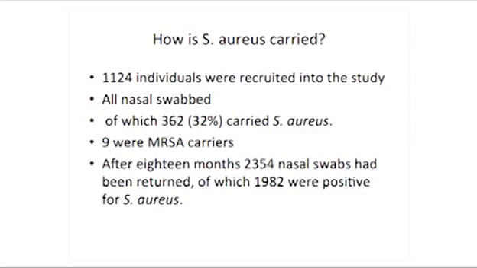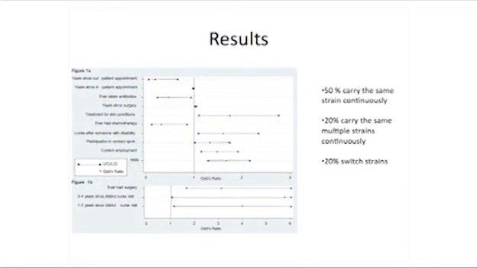And after 18 months, we've got a huge amount of information on these people, and we can start to work out what determines whether somebody carries Staph aureus or not. I'm not going to go through them, but we've got a really good idea why some people might carry Staph aureus and others not. What is really interesting for us is that even though we can work out some little associations, at the end of the day, there's something about people, not how they behave or what they're doing, that is determining this.